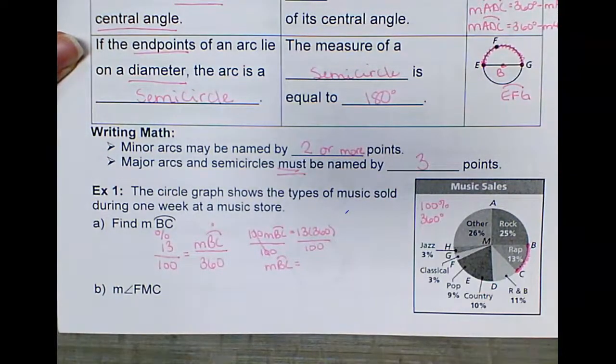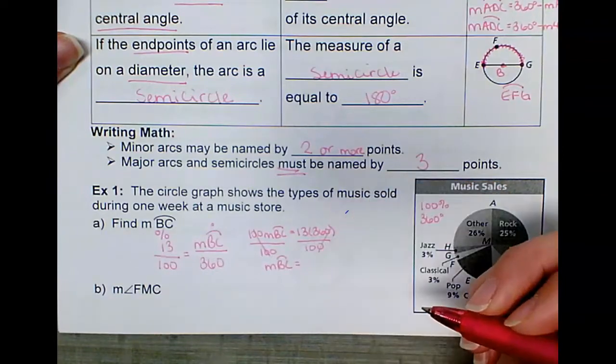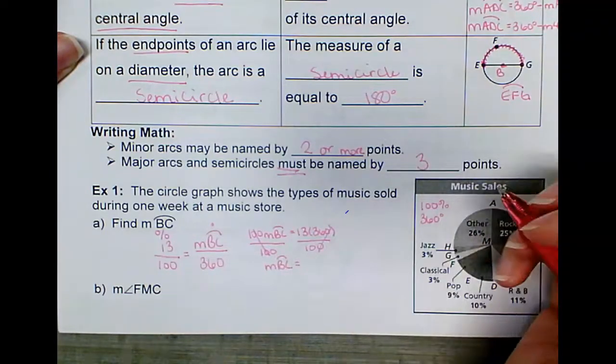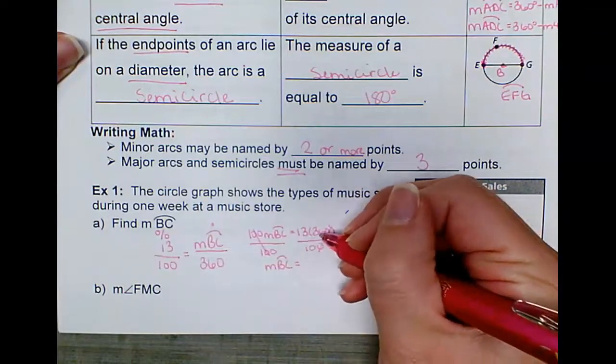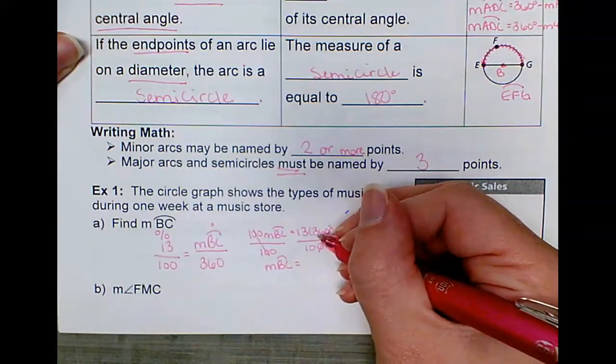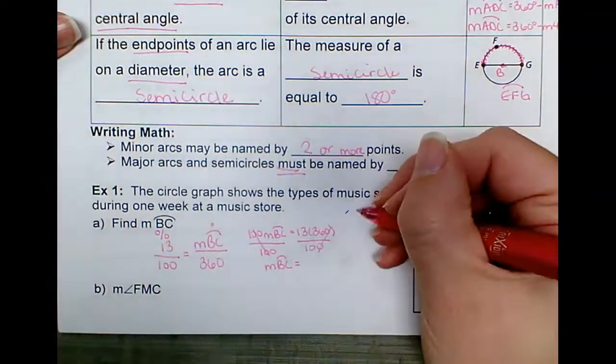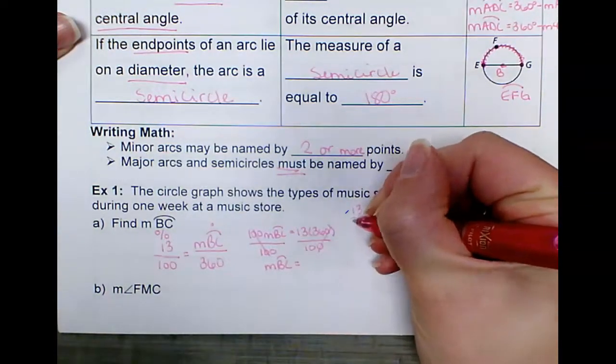And it happens to be correct. I have a 0 on top and a 0 on bottom I could cancel out. And then I could multiply 13 by 36 and divide by 10. I could also multiply 13 by 3.6 and not have this 0 anymore. So it's completely up to you how you do it. I will choose to multiply 13 by 36.